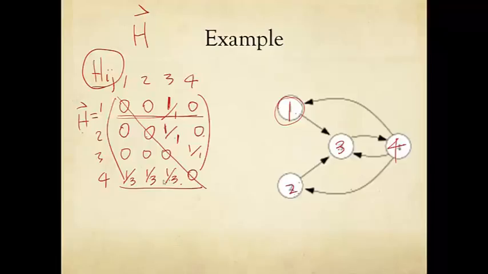Now, you can see immediately that every row of this matrix H sums up to 1. Okay, well, that's by definition, by design of this matrix H. We constructed it such that it sums up to 1, unless this node points to no other web pages. We'll come back to that in the next module of the lecture video. Okay, for this graph, we are fine.